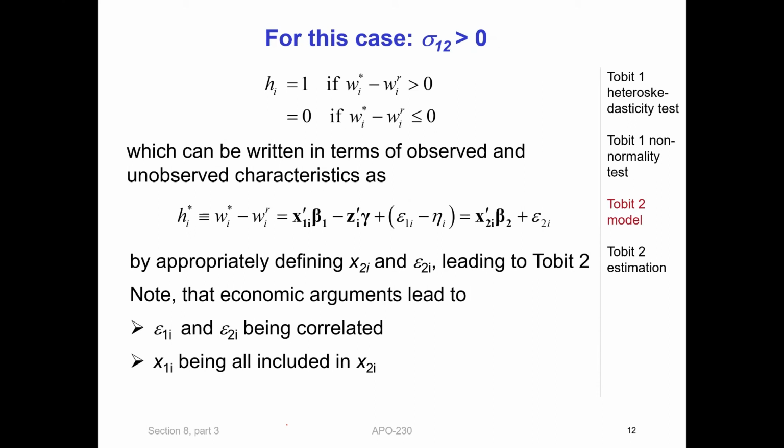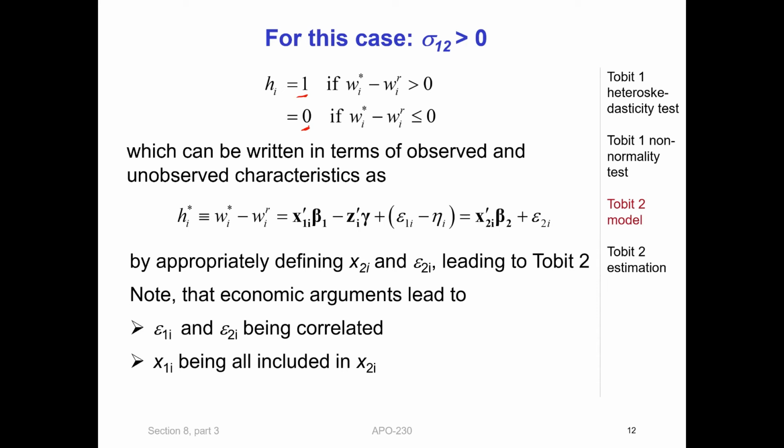Therefore, now we have a slightly different observation rule where we have hi equal 1, meaning the person worked and you observe some wage, if the offer wage minus the reservation wage is larger than 0. So the difference between what you are offered and what you expect is positive. Otherwise, it will be 0.